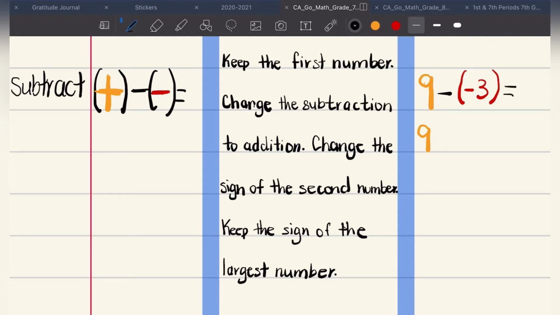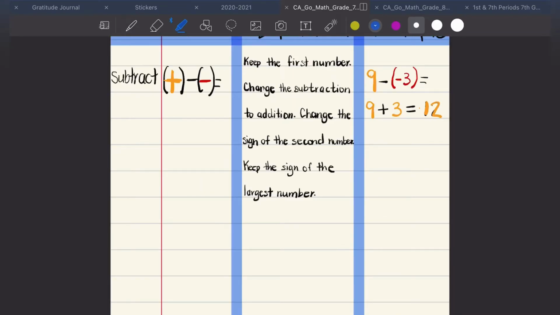So I'm going to change that to a positive, and I'm going to change the negative 3 to positive 3. Then that gives me 12, and 9 is greater than 3 in absolute value, so I'm going to keep my answer positive.